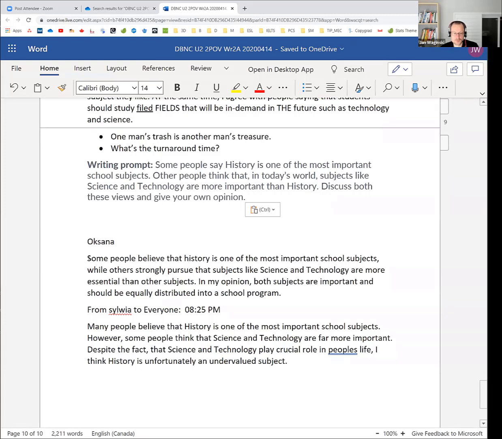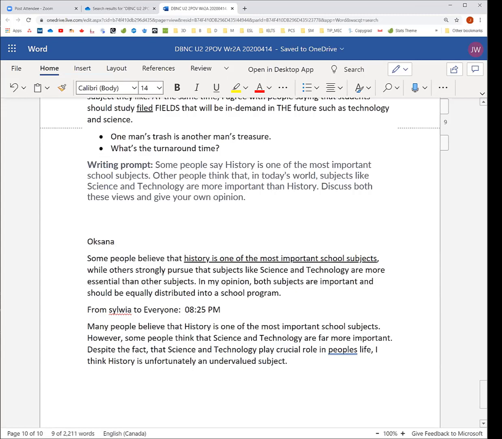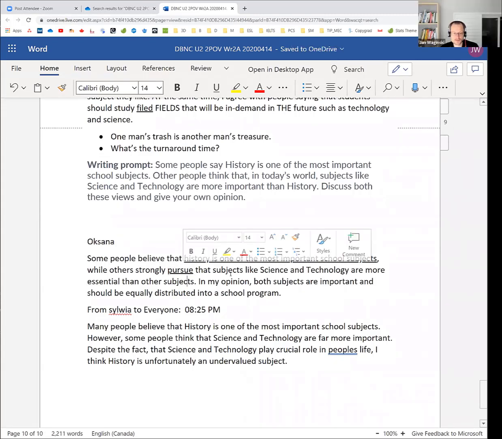So this is pretty much the same, right? History is one of the most important school subjects. This is the same as the original. You can't do that. While others strongly pursue that subjects like science are more essential than other subjects. Okay. In my opinion, both subjects are important and should be equally distributed into a school program.